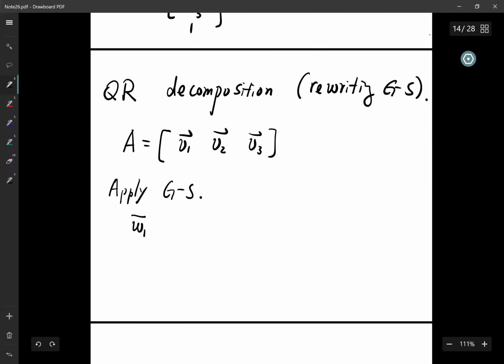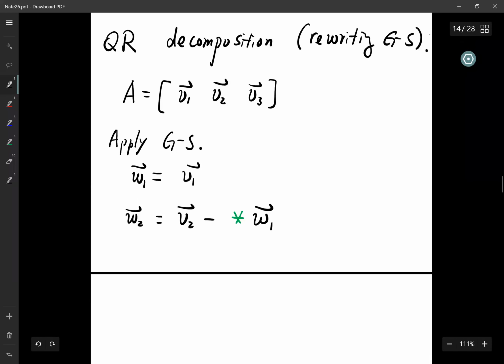Let me write again. We have seen that just 3 times. W1 equal to V1. W2 equal to V2 minus something I don't care, it's a number, times W1.